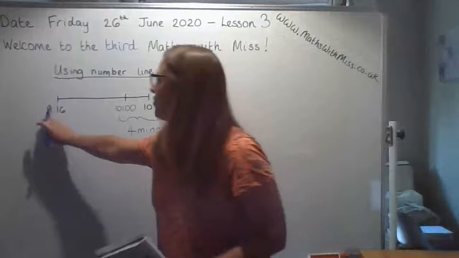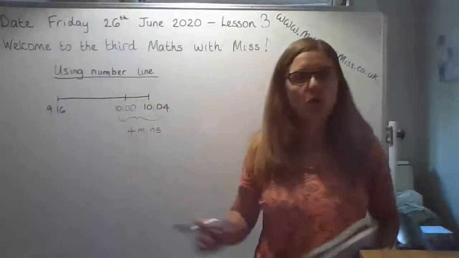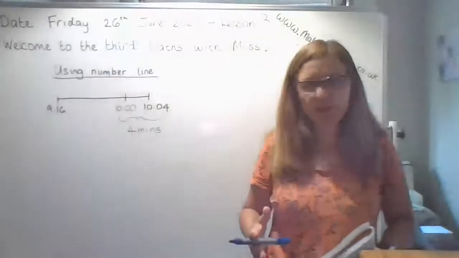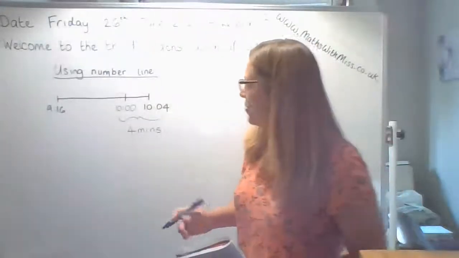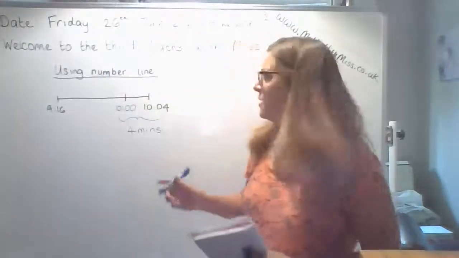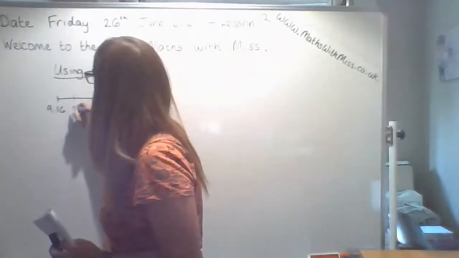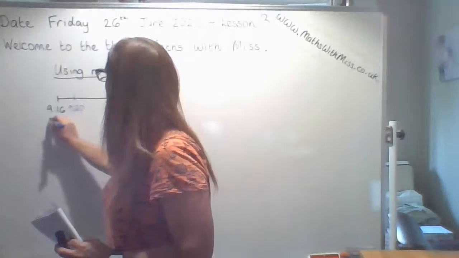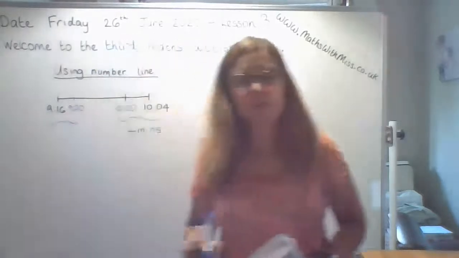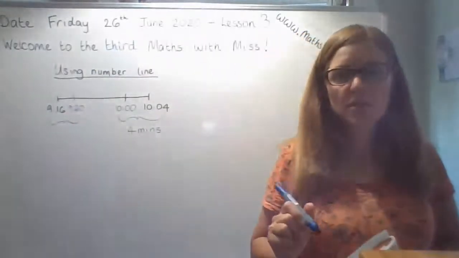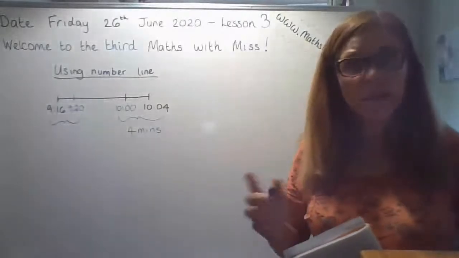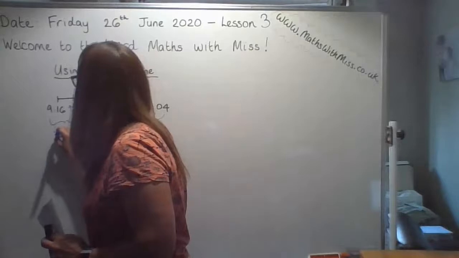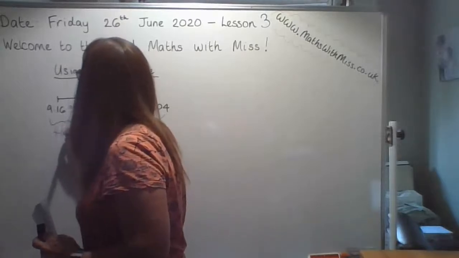Now we could go straight from 9:16 to 10, or we could break it down a little bit more to see if we can make it a little bit easier. So I think I'm going to choose 9:20. I can see to get from 9:16 to 9:20, again, coincidentally, is 4 minutes.